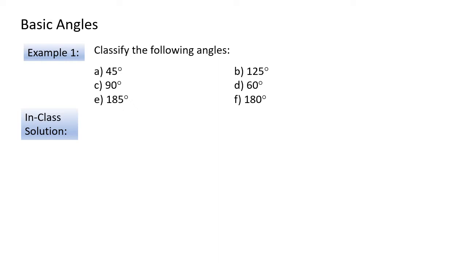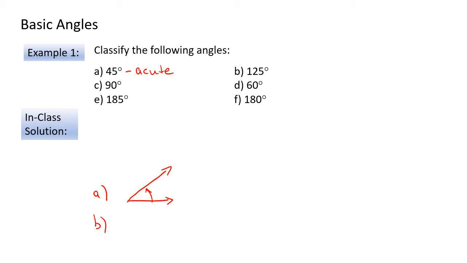So A, 45 degrees. Remember, an angle between 0 and 90 degrees was known as an acute angle. Just remember, these angles typically look something like this because they're less than 90 degrees. For angle B, 125 degrees, that is greater than 90 degrees, but less than 180.